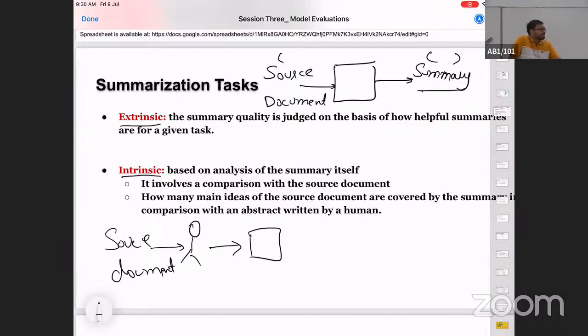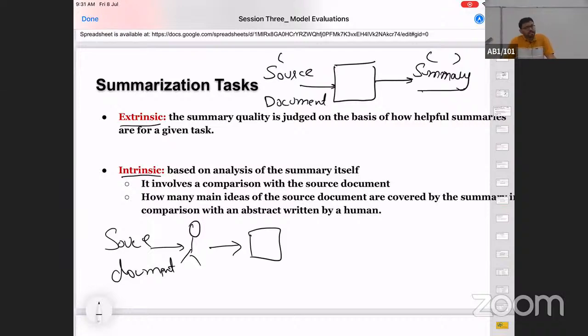Yes, human bias, right? The way I am generating a summary might be very different from the way you are generating the summary for the same document. So one possibility is we take multiple humans to generate the summary for the same document. And then for the machine generated summary, I compare it with the summaries generated by different humans. That is also possible.